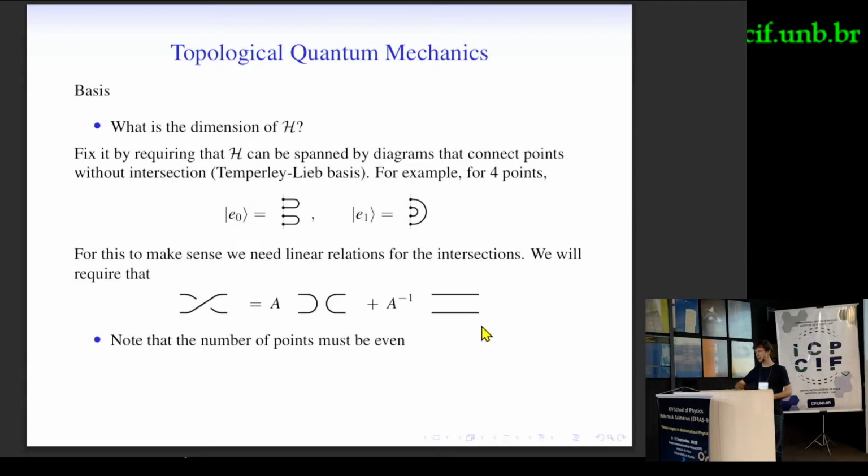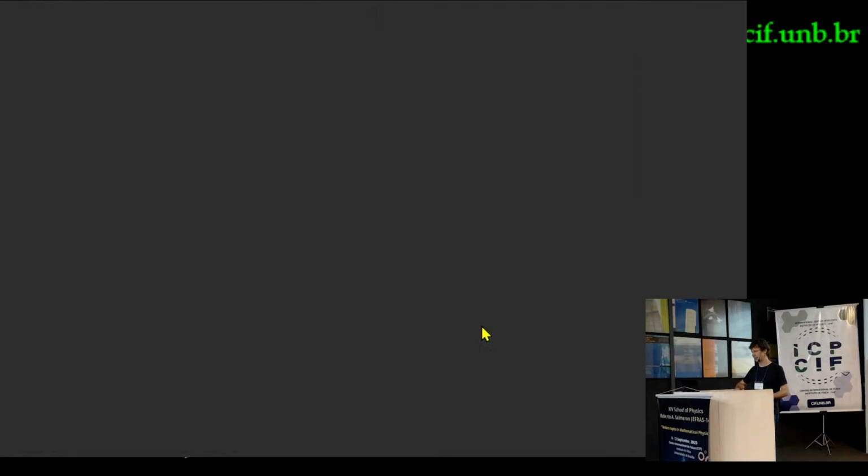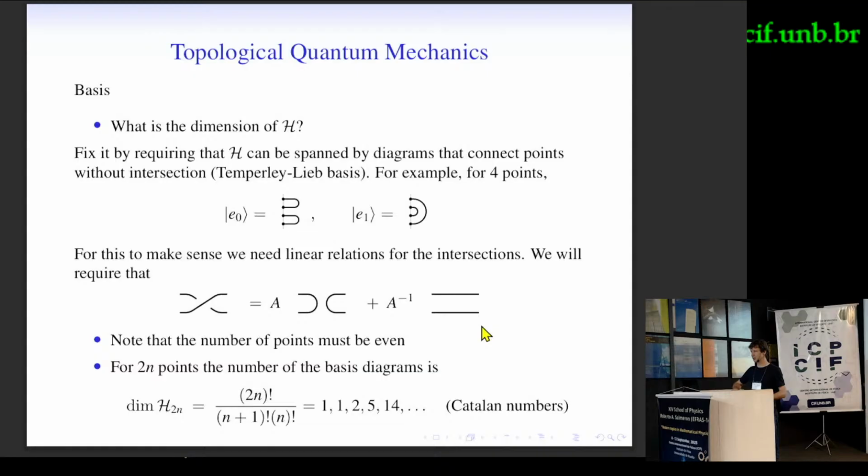In this SU(2) theory, of course, the number of points should be even, because you cannot form a singlet with an odd number of spin-1/2 particles. And you can also compute, for a given number n of points, or 2n, what the number of diagrams of this type is, and this number is given by the Catalan numbers.